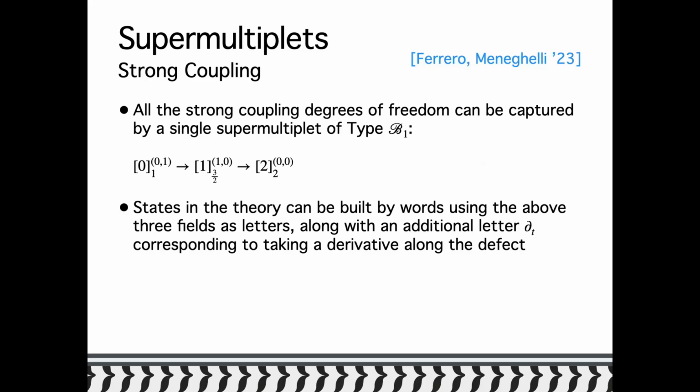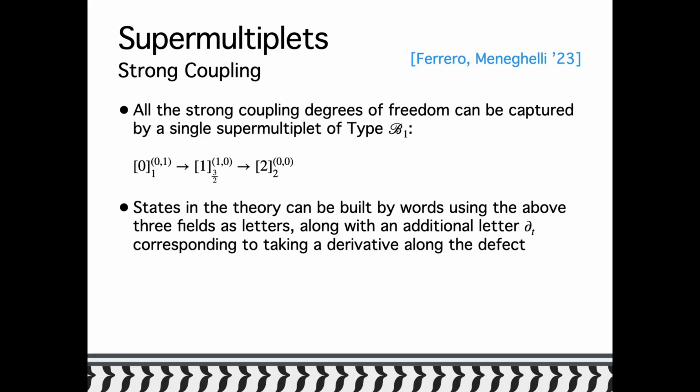Okay. So essentially, states at strong coupling can be built by taking each of these three degrees of freedom as some letters, and you build words using these letters, and also with any number of derivatives along the line.